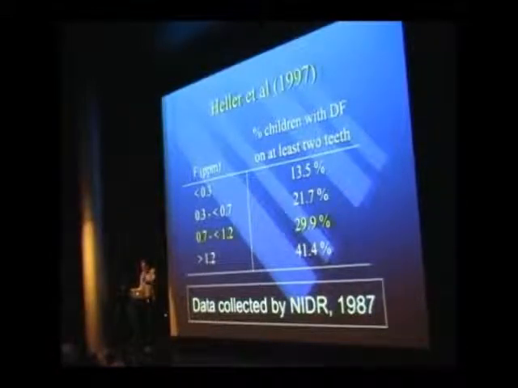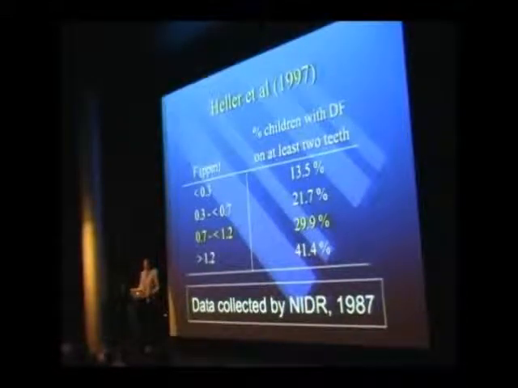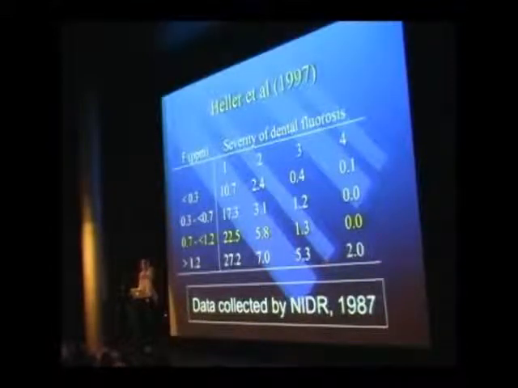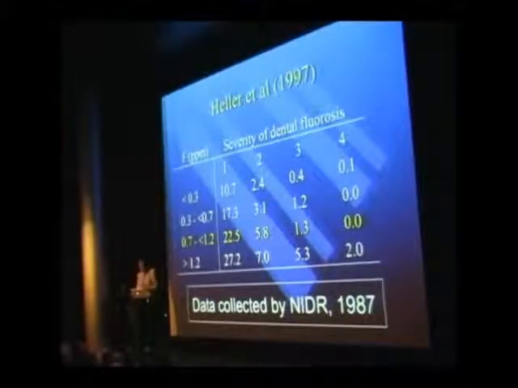And communities less than 0.3 were getting 13.5% dental fluorosis. And if you break down the figures, look at the yellow line there, 22.5% were very mild, that's category 1, 5.8% were mild, and 1.3% were moderate. And thank goodness none were severe. And remember, they only wanted 10% in its very mild form.